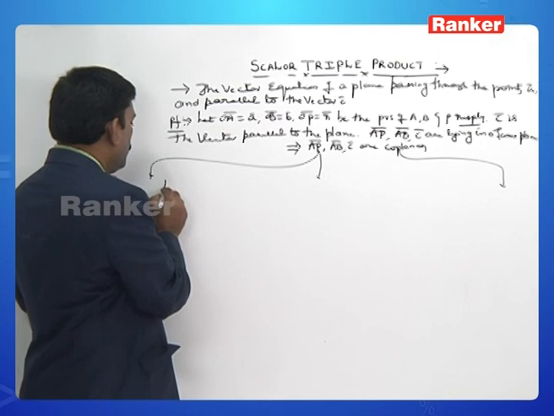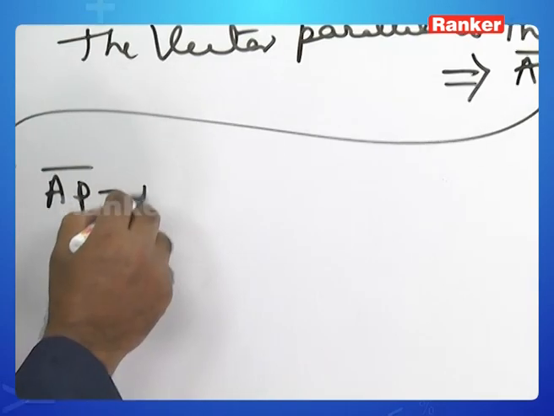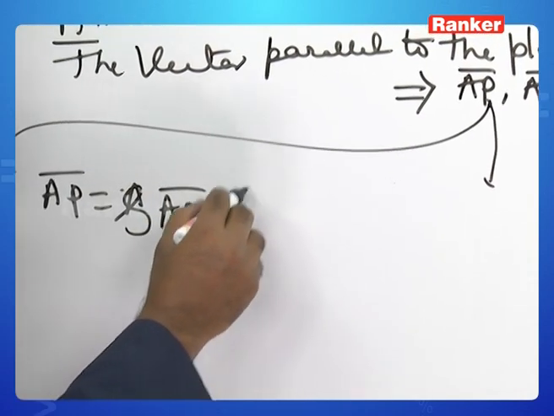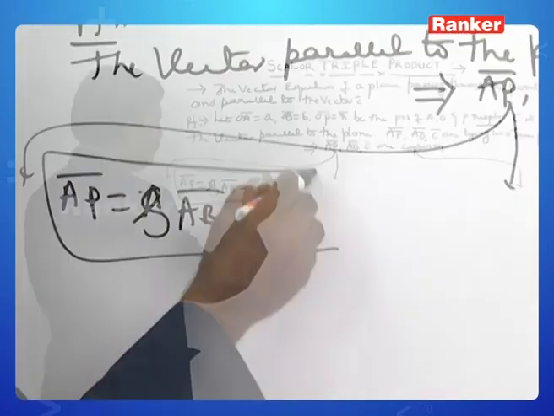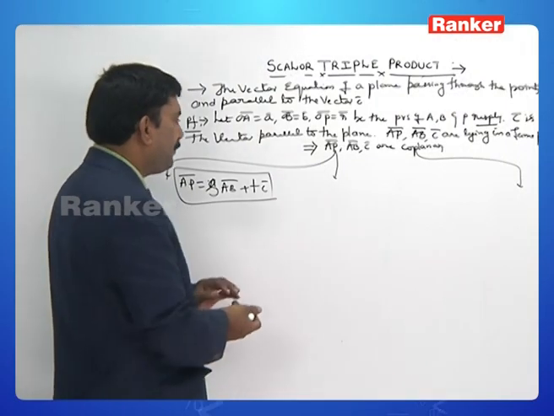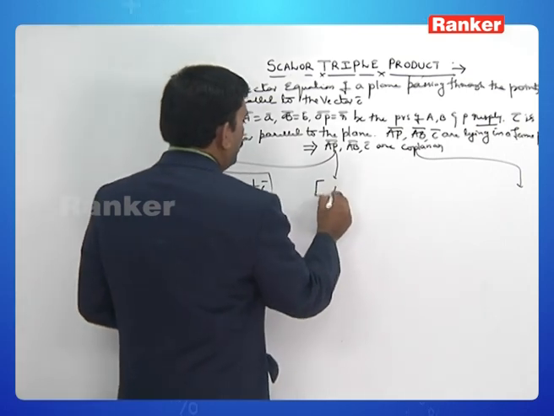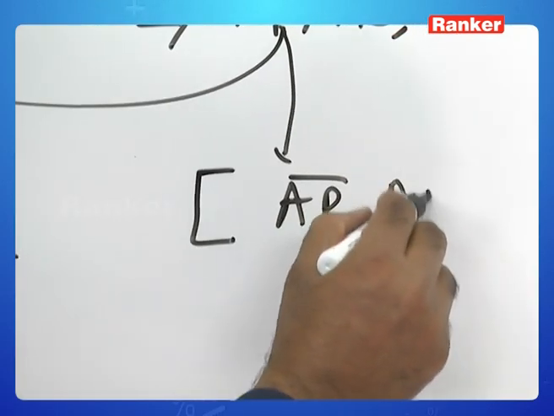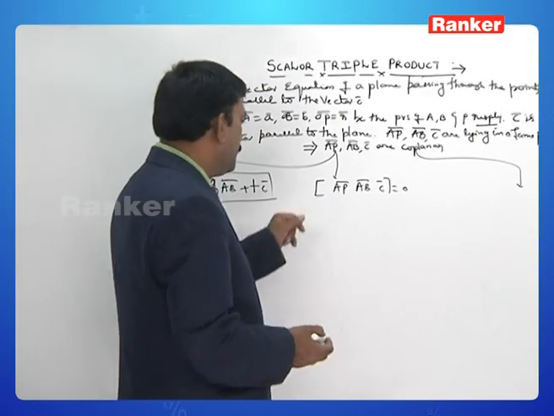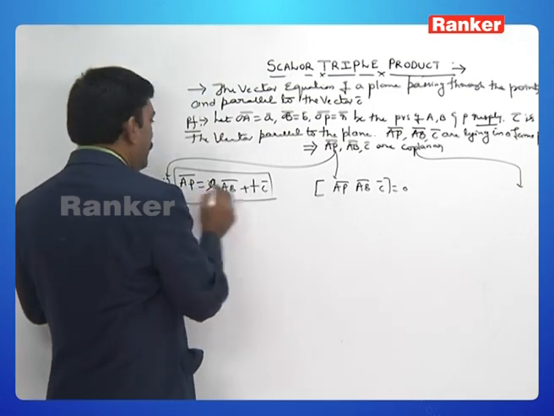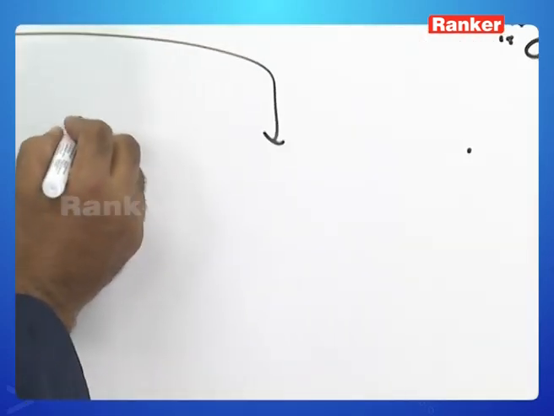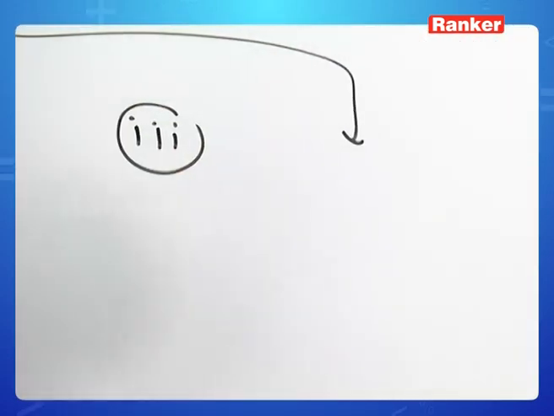Now I can write AP bar, one vector, can be expressed as a linear combination of the other vectors. AP bar is equal to S into AB bar plus T into C bar. The other one is box of AP bar, AB bar, C bar is equal to 0. This is the first way, this is the second way, right?